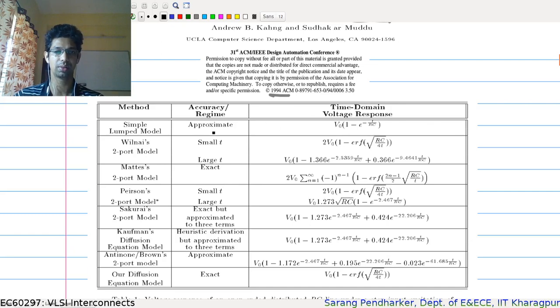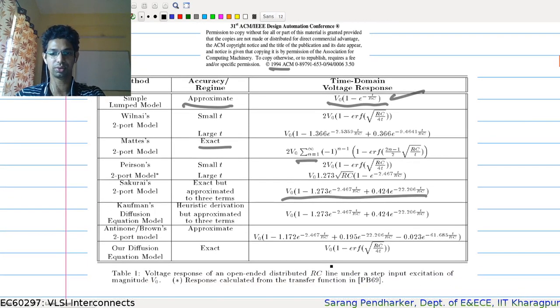For a simple lumped RC model of an interconnect, we have this expression. We had seen this in the first lecture. This is a simple lumped model, but it is approximate. Then there are other methods, like this one, which is exact, but there is a summation. And then there is another method where it is approximated to 3 terms, and in this paper they have used this expression.